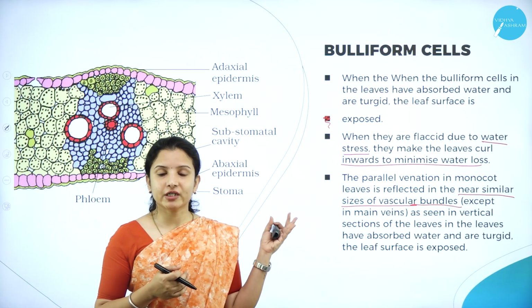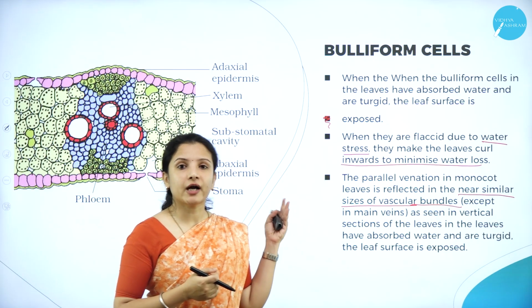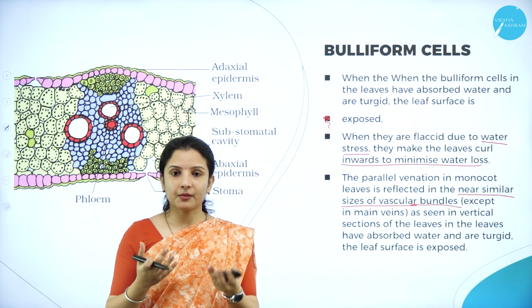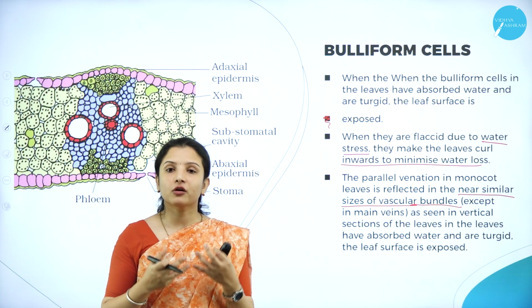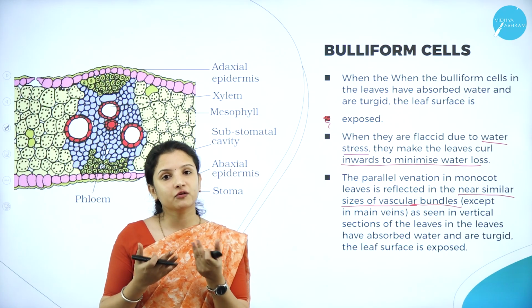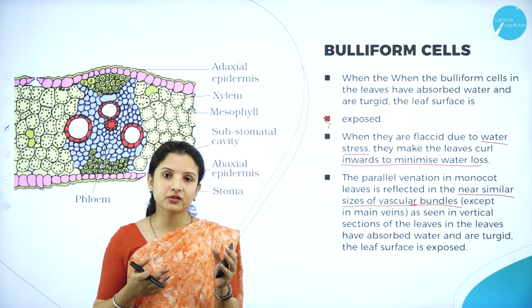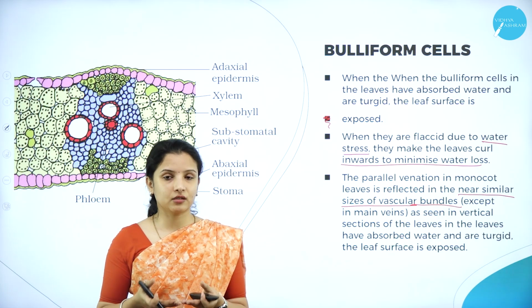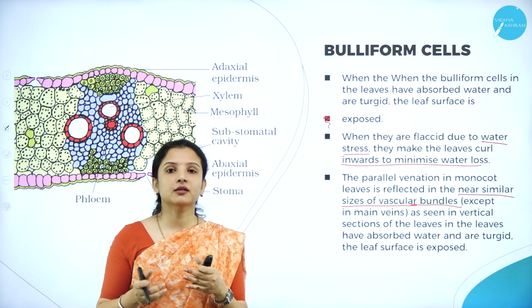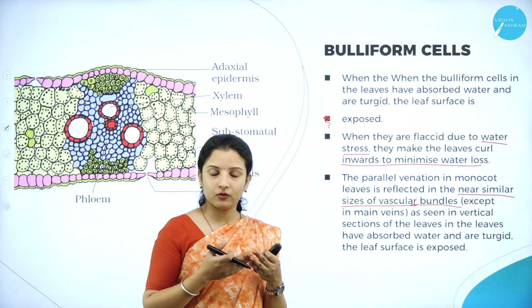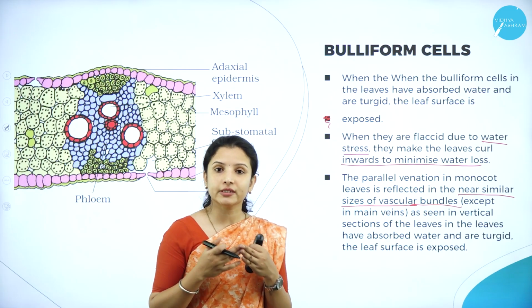Previously, while talking about the dicotyledonous leaf, I had told you that the size of the vascular bundles varies depending on the thickness of the vein. In one leaf itself, the thickness of the veins and the midrib varies. If the midrib is thicker, then the veins and veinlets are thinner. Therefore, the vascular bundles vary in shape and size, especially in size.